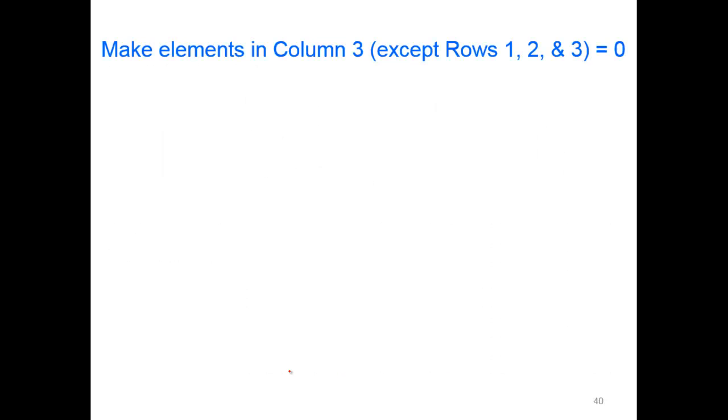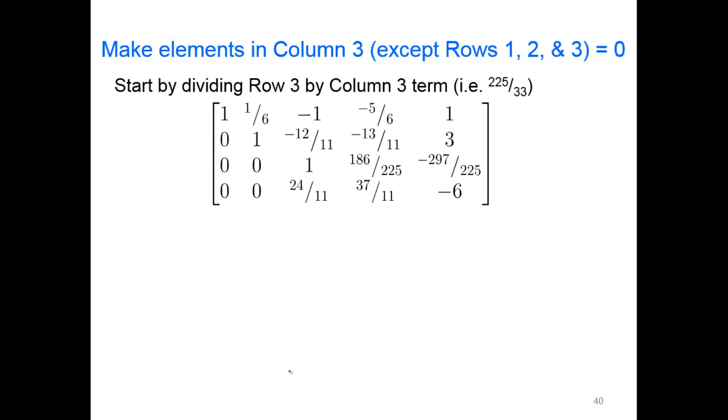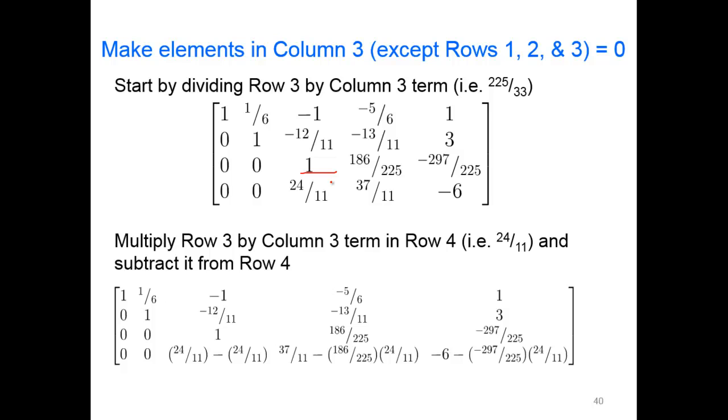All right. Now in column 3, we want the same process. So we're going to first divide row 3 by 225/33 to get a 1 there, and now we're going to take that, multiply that by 24/11, so subtract it from the 4th row, get those results so we can get a 0 right here.